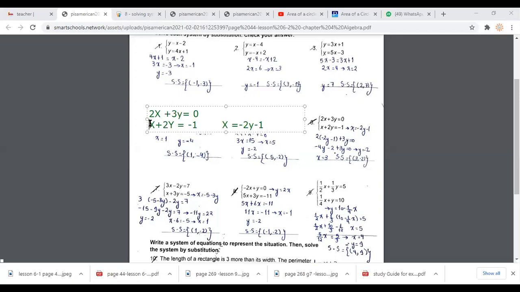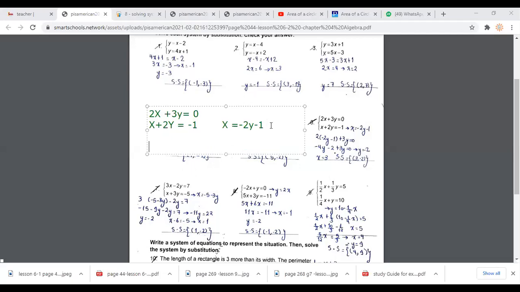It is the key to answering the question. Then I'm going to rearrange: we keep x and transfer 2y to the opposite side, which is negative 2y minus 1. Now we decided that the second equation will give and the first equation will receive.